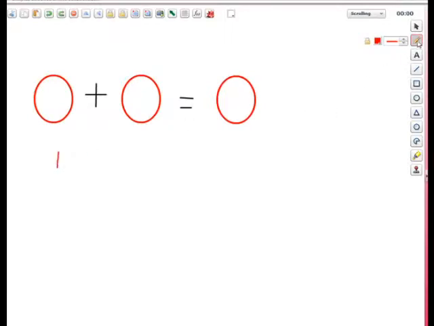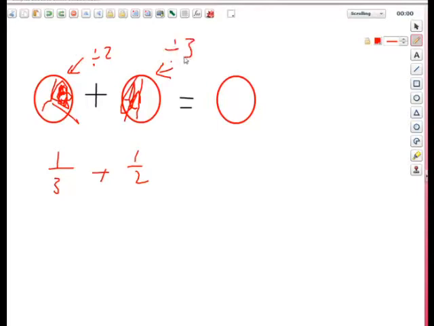Suppose that we have the same problem. We've got 1/3 plus 1/2. How are we going to do that numerically? Okay. Well, what we did with the diagram is we divided the 3 by 2 and we divided the 2 by 3. We divided the third into pieces of 2 and we divided the half into pieces of 3.